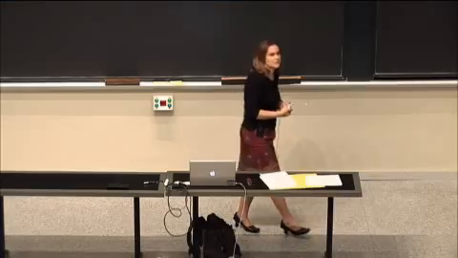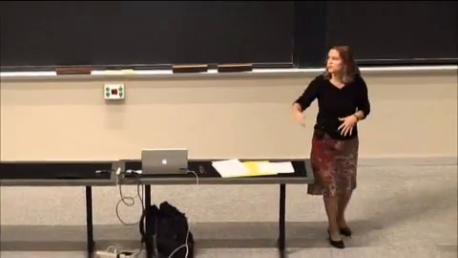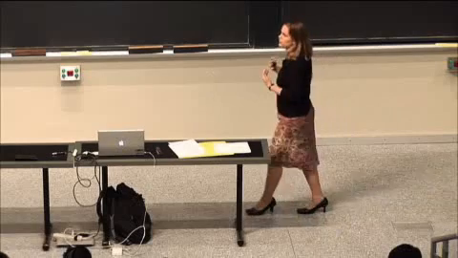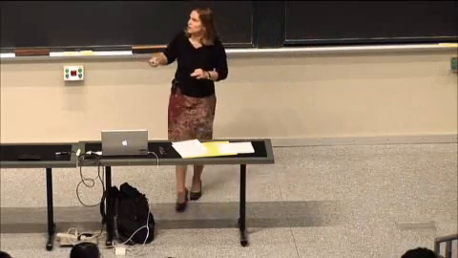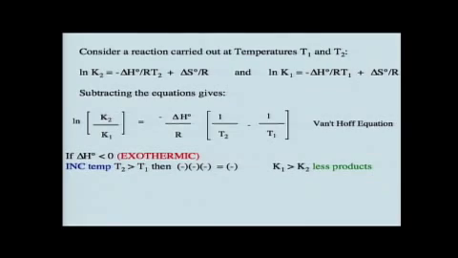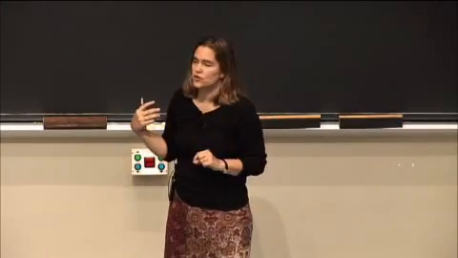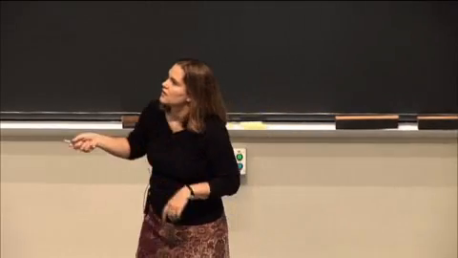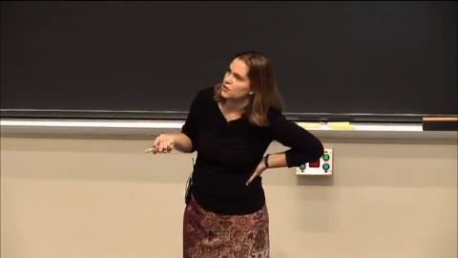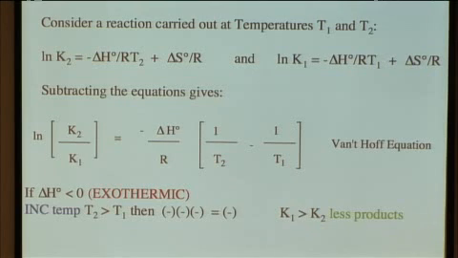So you can think about this mathematically by running through this argument. You can also think about it in terms of what you would expect if you increase the temperature, in terms of the relative ratio of products to reactants at equilibrium for an exothermic reaction. If you're increasing the temperature of an exothermic reaction, the reaction would want to shift in the direction to absorb that heat, in the endothermic direction.